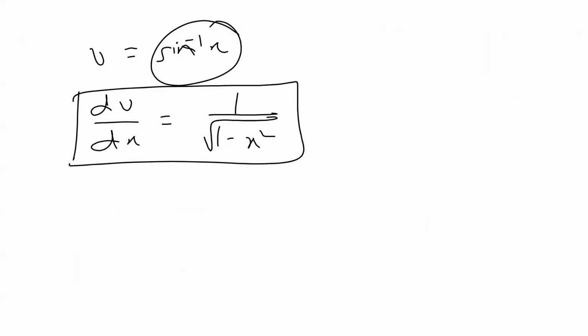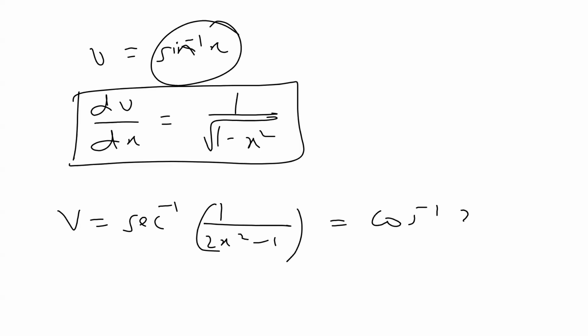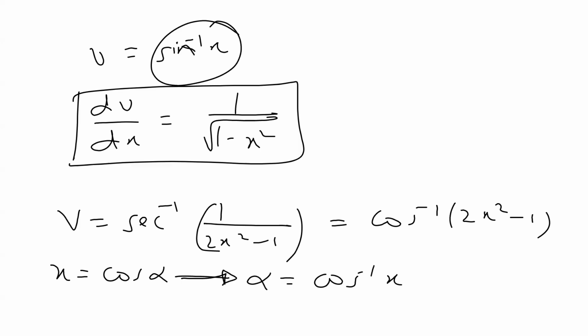Now v is equal to sec inverse of 1 upon 2x square minus 1, which is equal to cos inverse of 2x square minus 1. Now this is the direct formula also, but then here you can put x as cos alpha. So alpha will be cos inverse x.